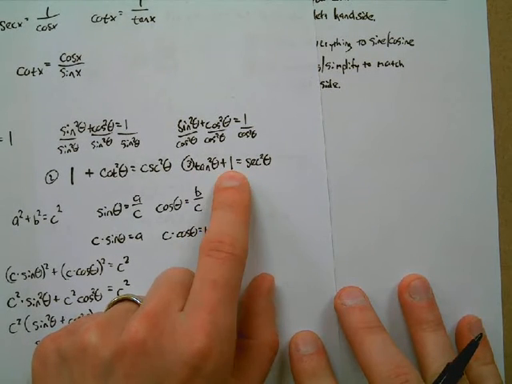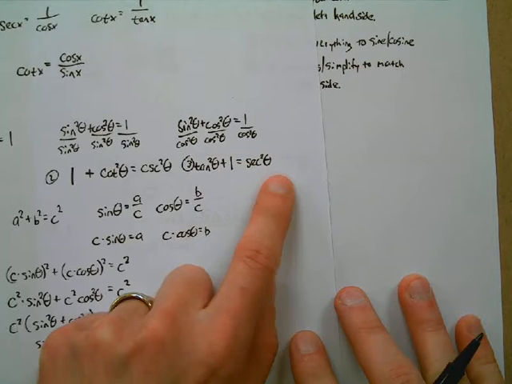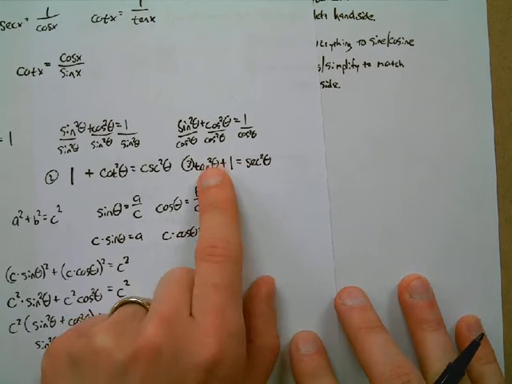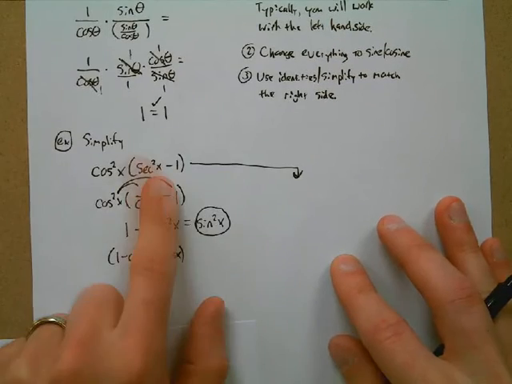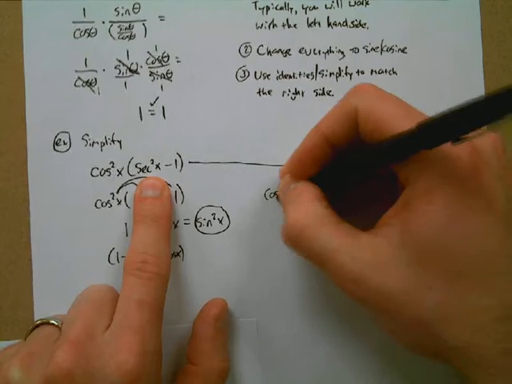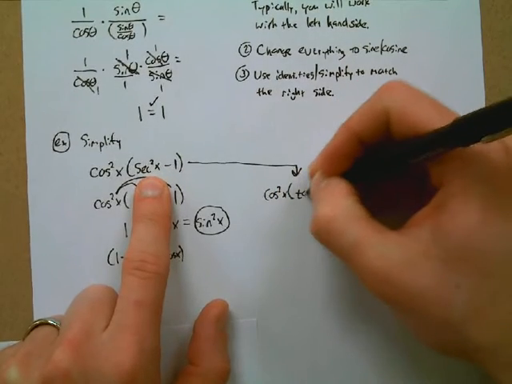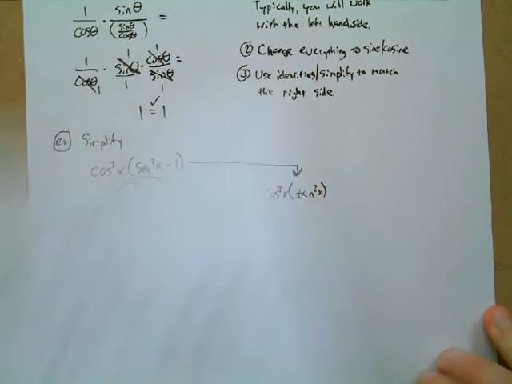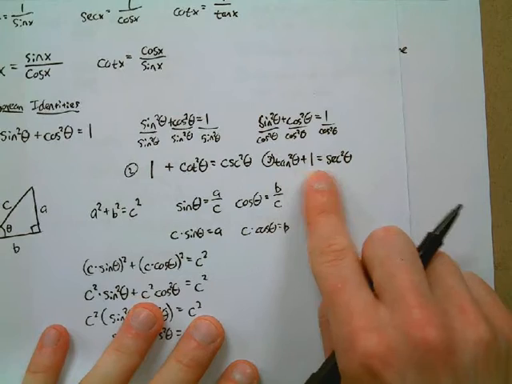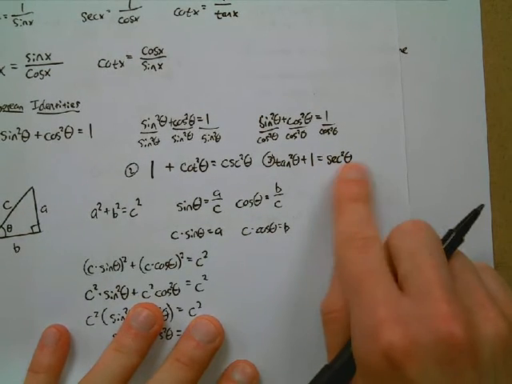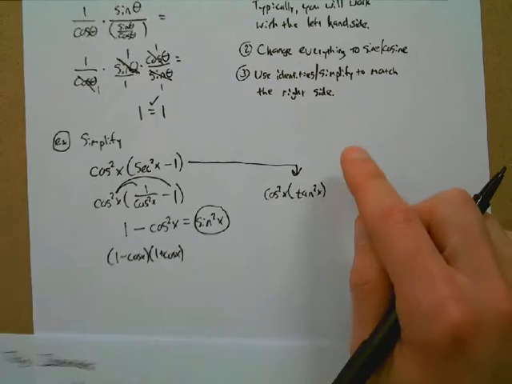So this is another character trait, I guess, of these kind of problems, is that sometimes there's multiple paths you can take. How can we simplify from this point, though? What can we do here to continue to simplify this?